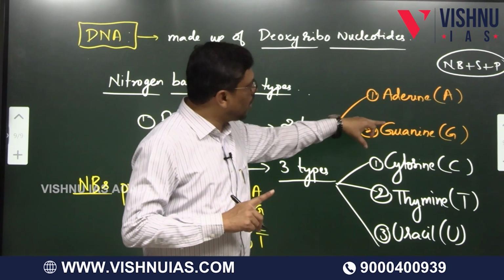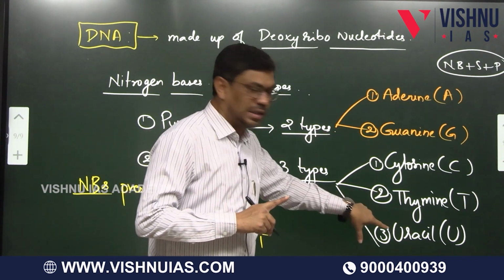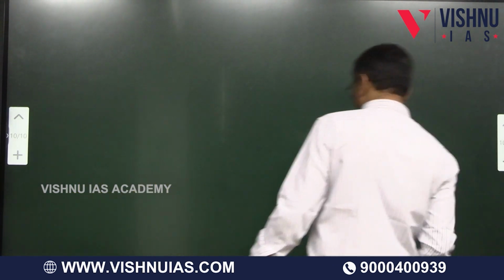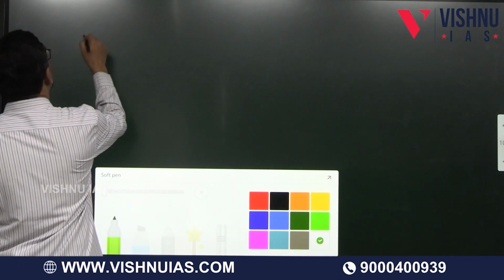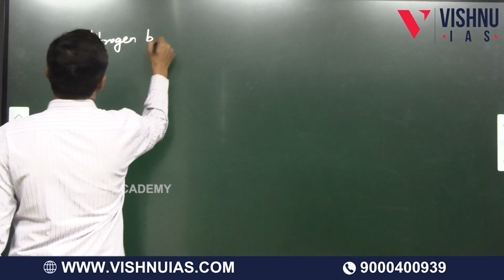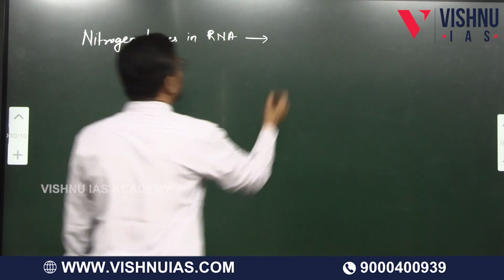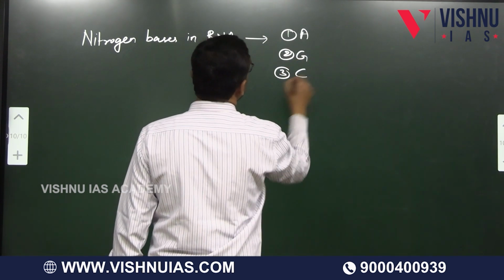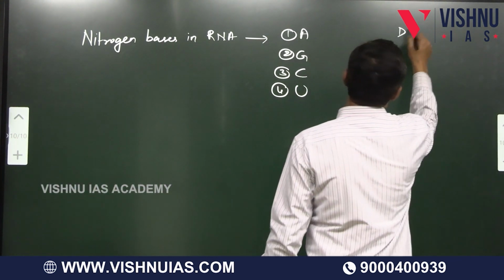Adenine, guanine, cytosine, thymine, these 4 are present in DNA. Adenine, guanine, cytosine and uracil are present in RNA. That you have to differentiate. So the nitrogen bases in DNA are adenine, guanine, cytosine and thymine, and in RNA they are adenine, guanine, cytosine and uracil.